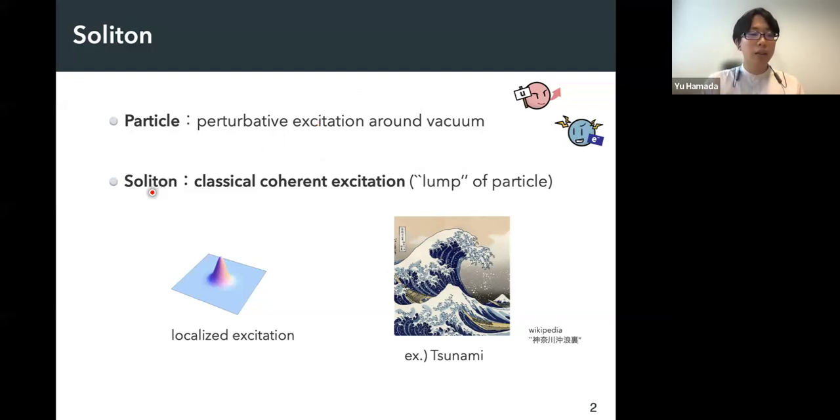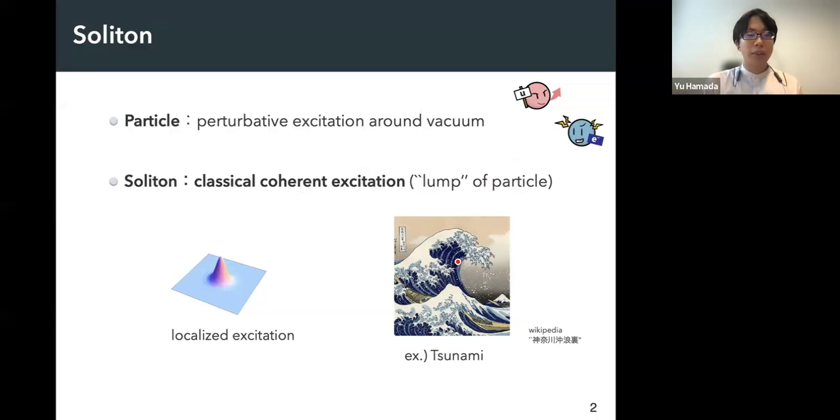On the other hand, a soliton is different from a particle. The soliton is a classical and coherent excitation. It is a non-perturbative but big excitation, and in some sense it can be regarded as a condensation of particles, a lump of many particles.